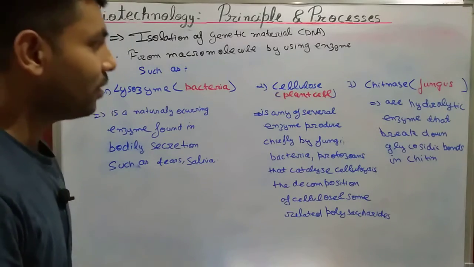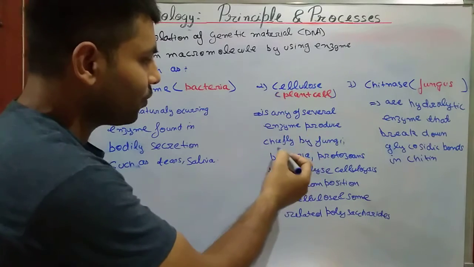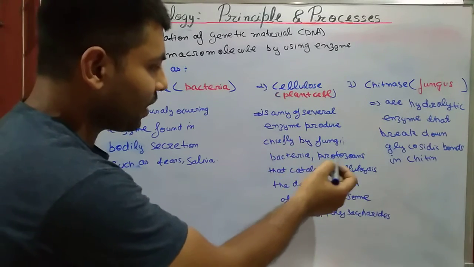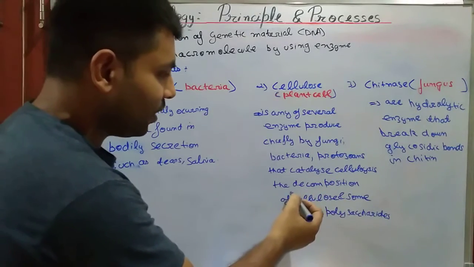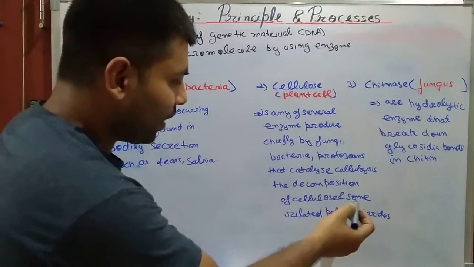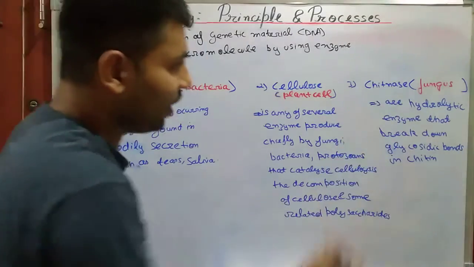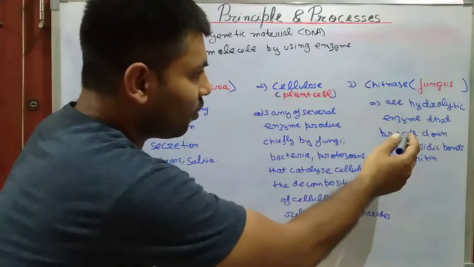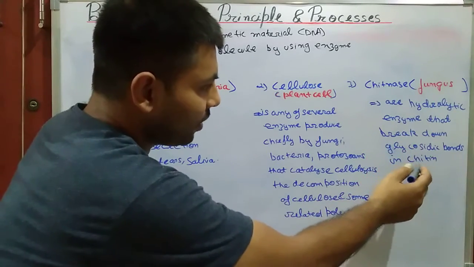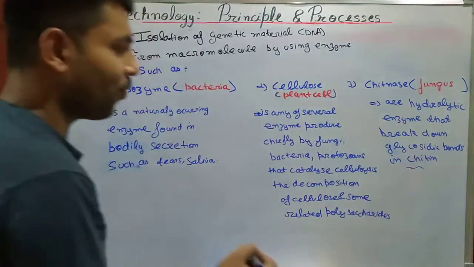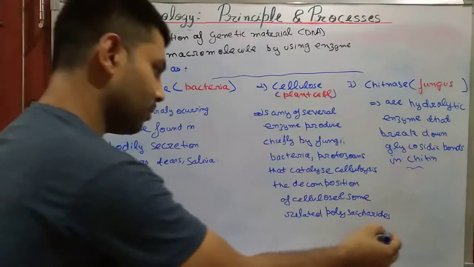Cellulase is an enzyme produced chiefly by fungi, bacteria and protozoa that catalyzes cellulolysis, the decomposition of cellulose and some related polysaccharides. Now see, chitinase: hydrolytic enzymes that break down the glycosidic bonds in chitin. Okay, it is now clear what these three enzymes mean.